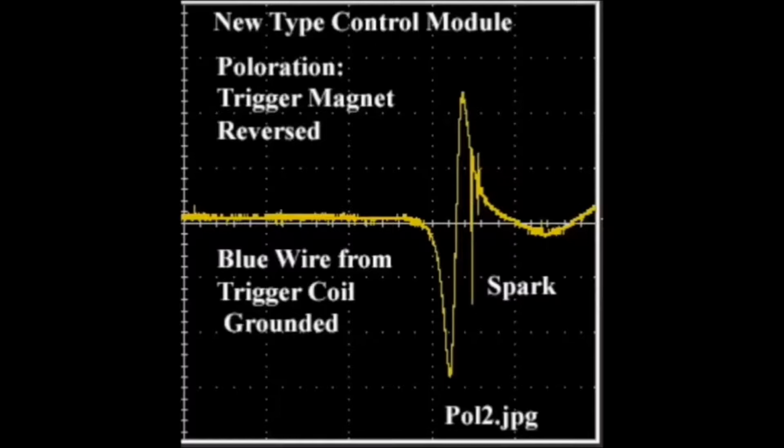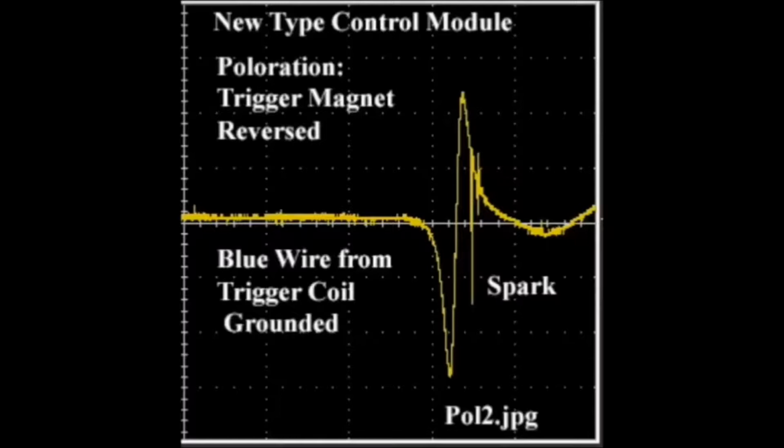In the previous pictures we got a spark in about the same place, but that descending point on the positive pulse happened to be in the transition from the positive pulse to the negative pulse. So the actual trigger point is occurring at the same point.